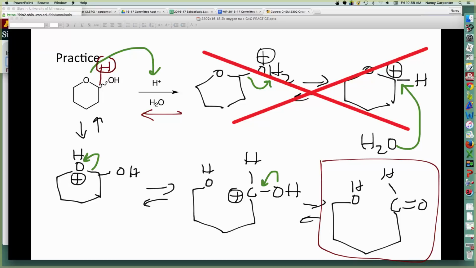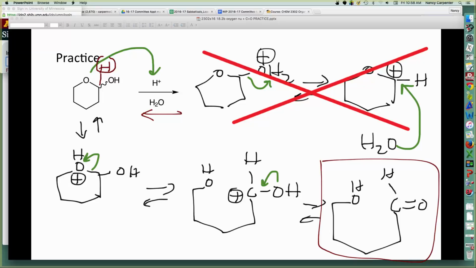So this is a really great example for biochemistry because this is a very simplified model of a sugar. And sugars are basically hemiacetals and hemiketals in equilibrium with one another in a big way.